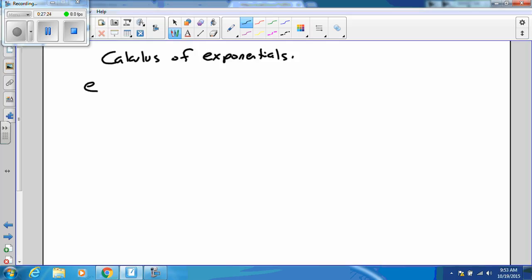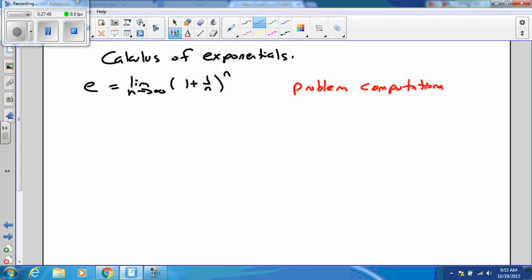So the first thing is, this formula is the definition, but it turns out that computationally it's a real problem. And to get that, what I'd like for you to do is, everybody take your graphing calculator, and I'd like for you to pick a large value of n, and by large I mean 10 to the something power, and estimate this limit with a large value of n.